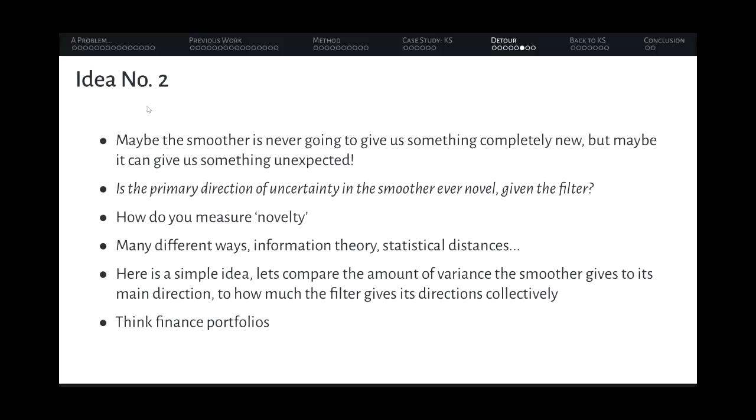I say think of finite portfolios, because you look at two investors, one saying I allocate 80% of my wealth to stocks, and the other says I allocate 40%. Then 10% to gold and 5% to gold. Those allocations are the things we're interested in: the amount of variance the smoother gives, and the amount the filter gives.